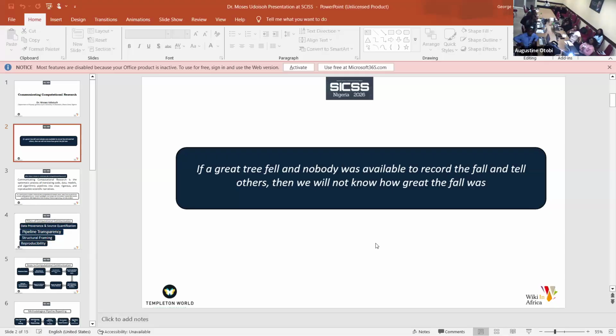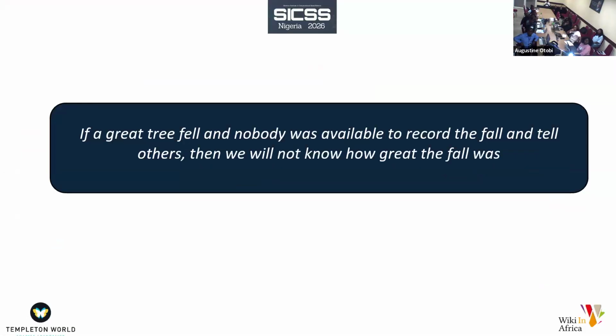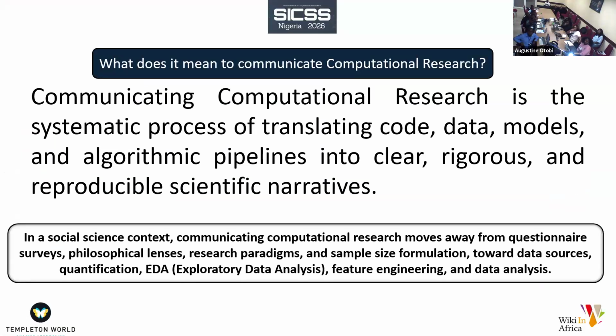But go to slide 2, where we mentioned that this is basically a systematic approach of turning data to use, with paradigms, sample size formation, towards engineering and data analysis.